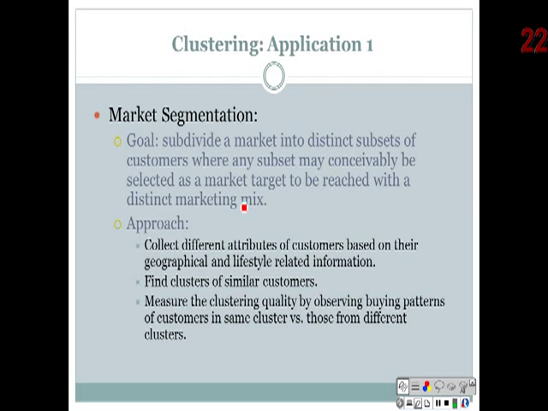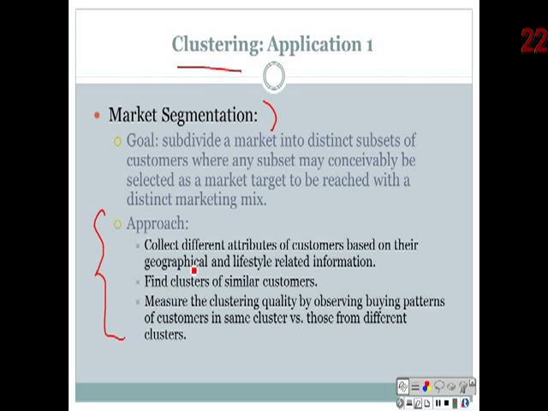Where is the application that uses a clustering algorithm the most? Market segmentation. The goal is to subdivide a market into distinct subsets of customers, where any subset may conceivably be selected as a market target to be reached with a distinct marketing mix. So how can we do that?